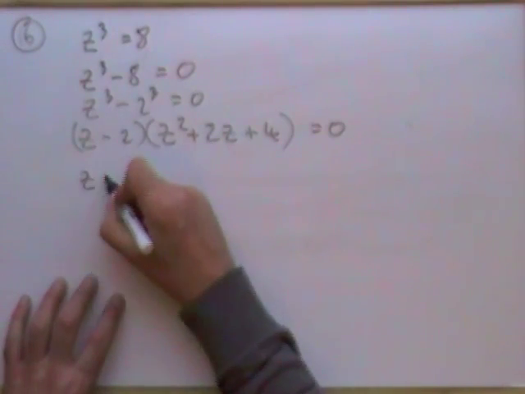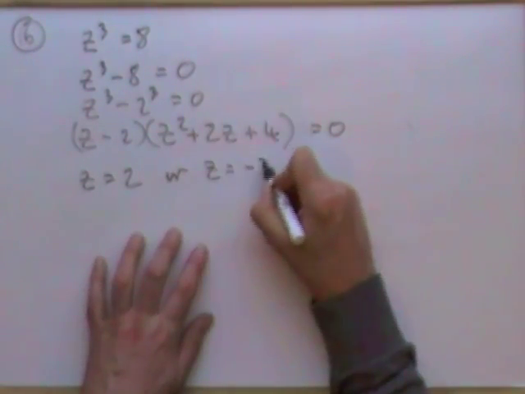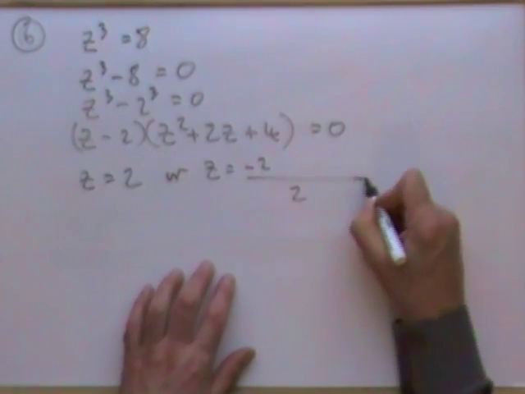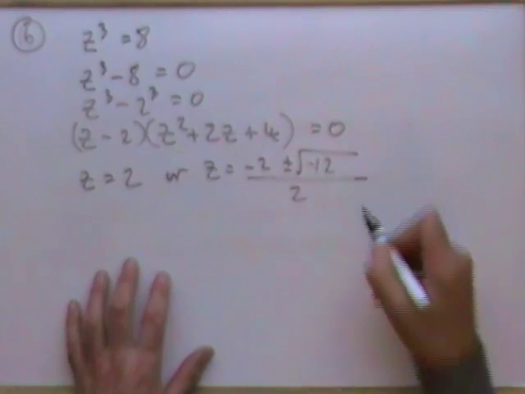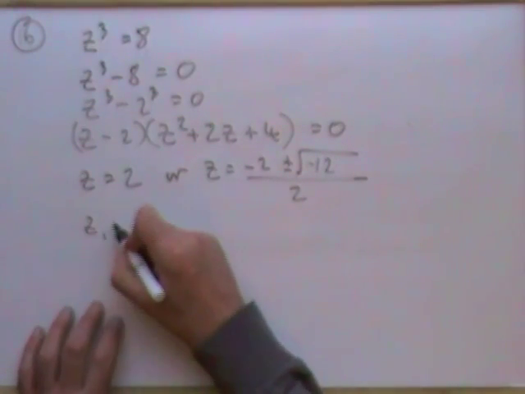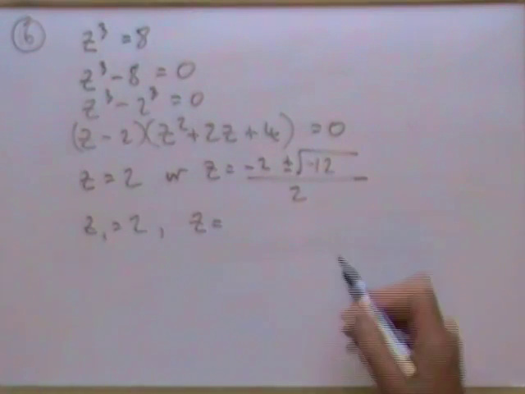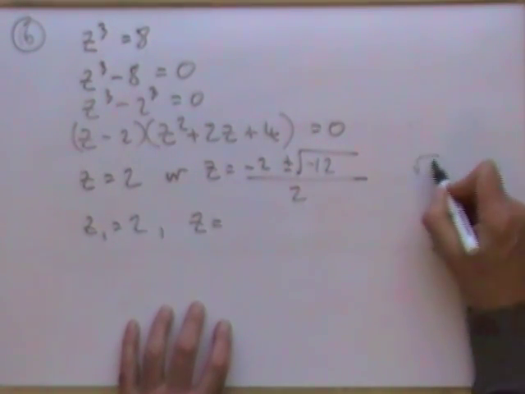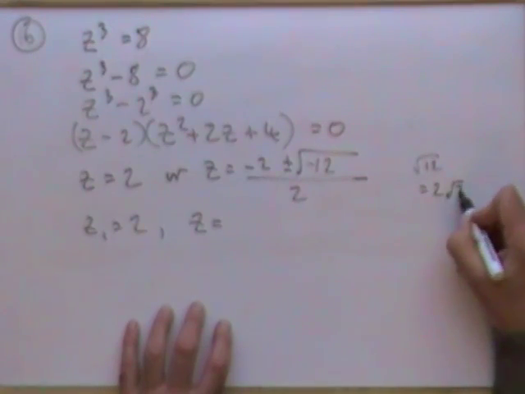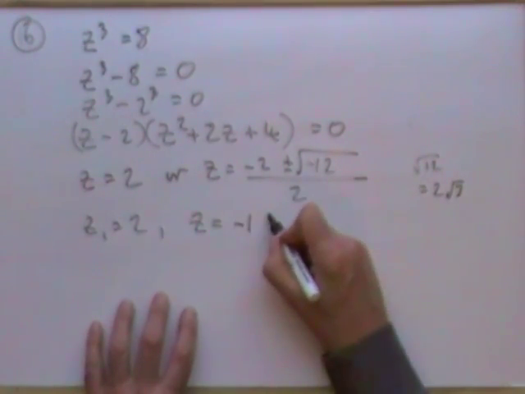So the roots are going to be either z equals 2 straight away, or I'll need to use the formula there. z equals negative 2, all over 2 times 1 which is 2, plus or minus the square root, we already had that, so it's going to be negative 12. So you've got z1 is going to be 2, or you're going to have z equals, square root of 12, that's 4 times 3, that's 2 root 3. So that means I've got negative 2 over 2, that's negative 1.